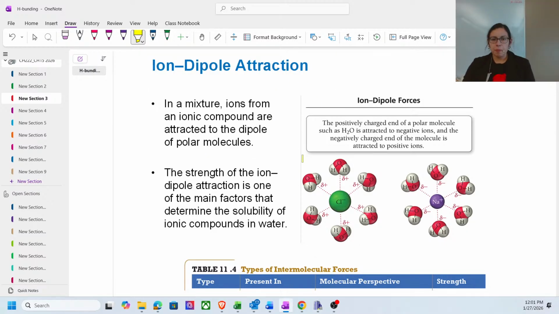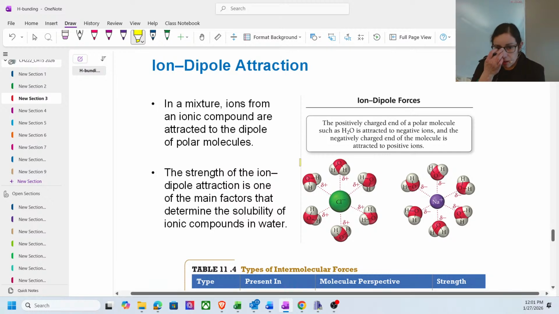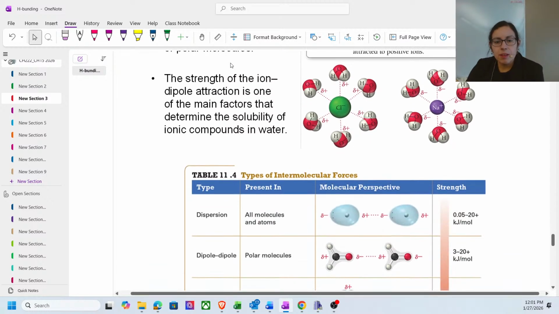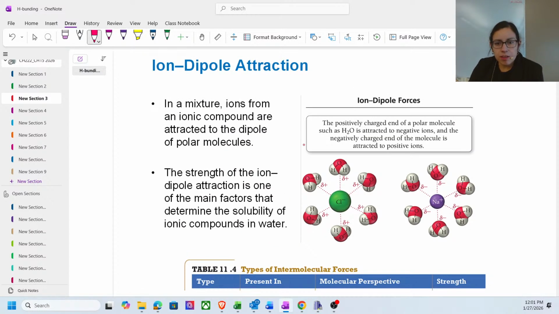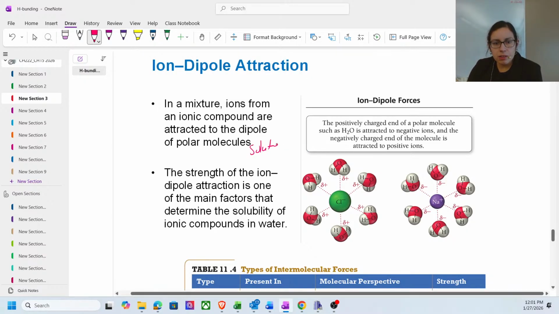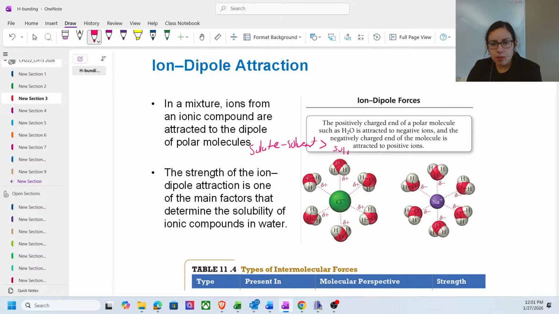Basically, how things dissolve is we have to have stronger solute-solvent interactions greater than our solute-solute. Meaning our solvent, our water, has to have higher attractive forces than the ones holding together our sodium chloride.